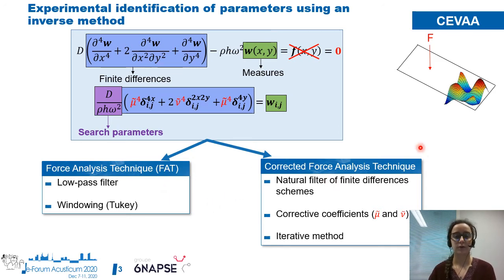The second regularization is the corrected force analysis technique, or CFAT method. This method uses a natural filter of finite difference schemes characterized by the corrective coefficients. The combination of these two methods increases the frequency range of the study.